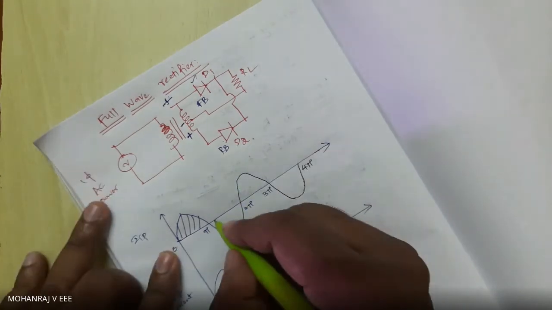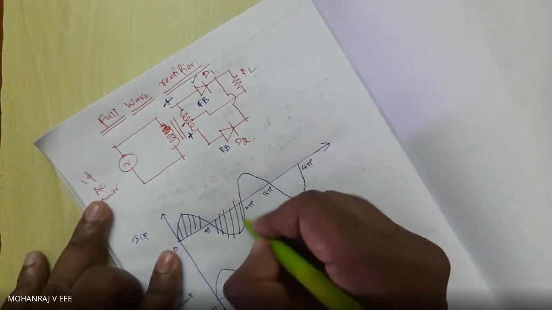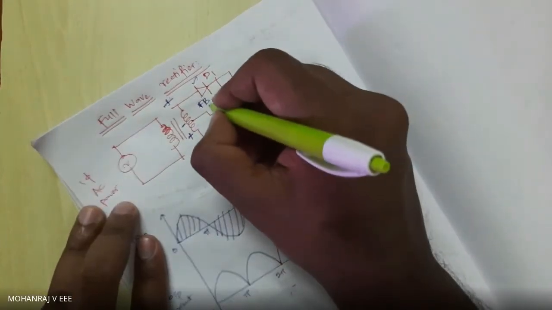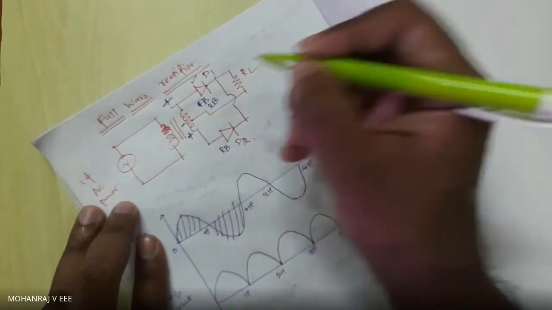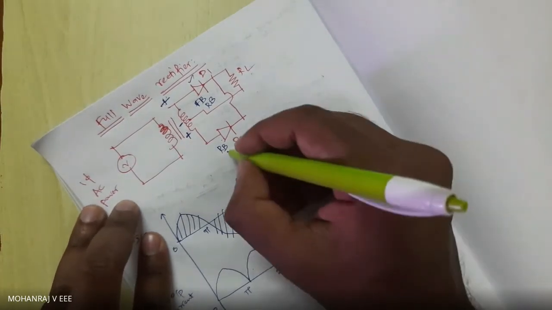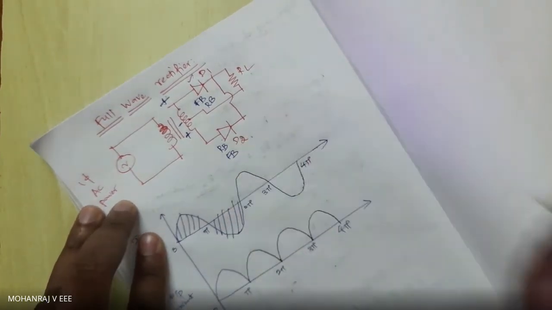Now, for negative half cycle, my D1 will be reverse biased and my D2 will be forward biased.